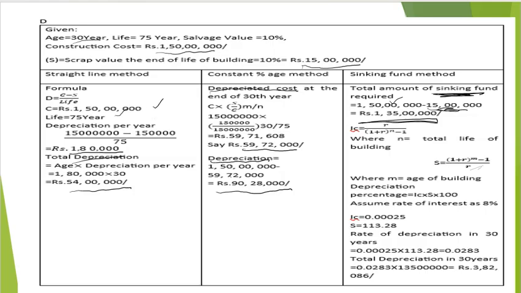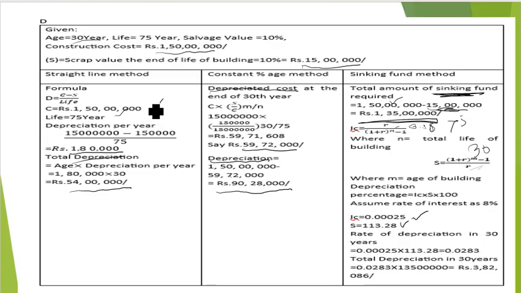So the age of the building is 30 years, n is 75 years, and r, 8%, means 0.08. You put the values in the formula, and you will find ic as 0.00025 and s as 113.28.